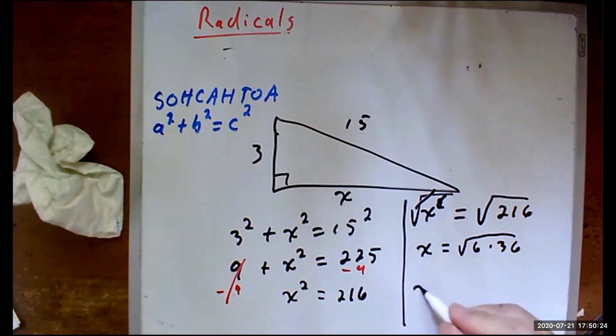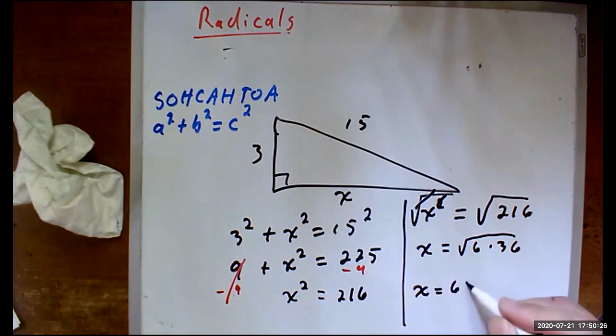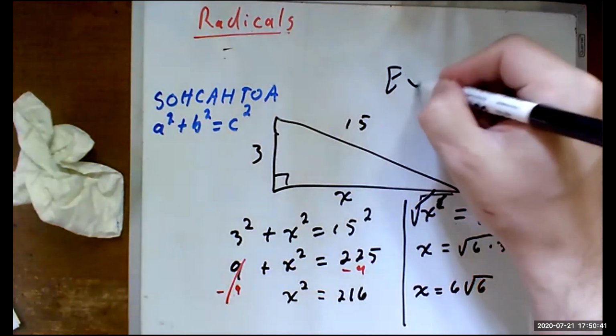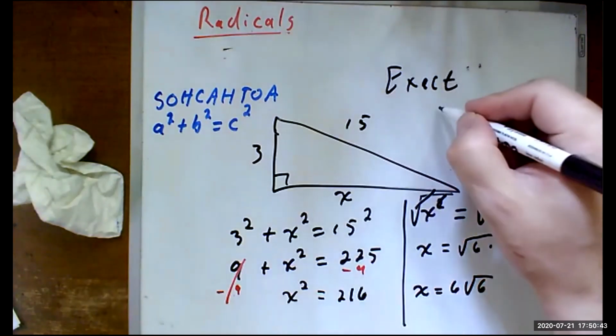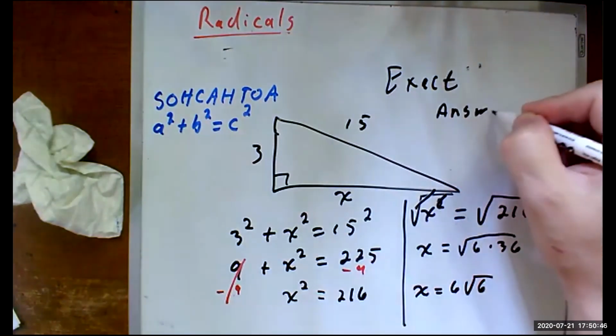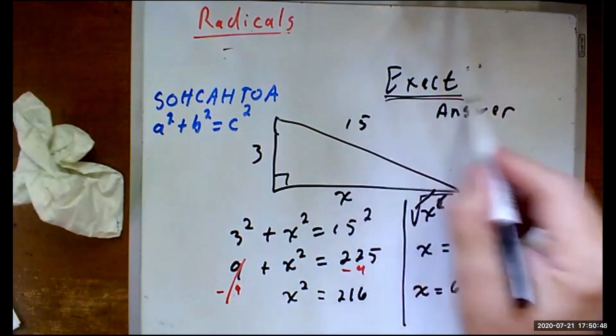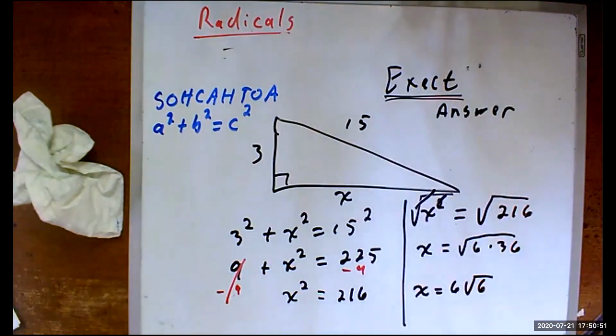Without going through the full factor tree on this, this is the same as saying 6 times 36. I can take the square root of 36. I end up with 6 root 6. So that's the exact answer.